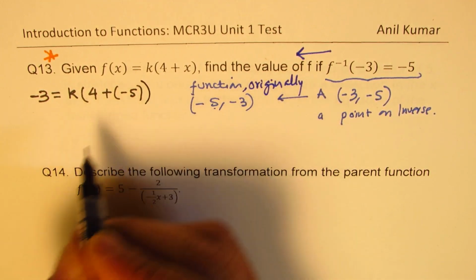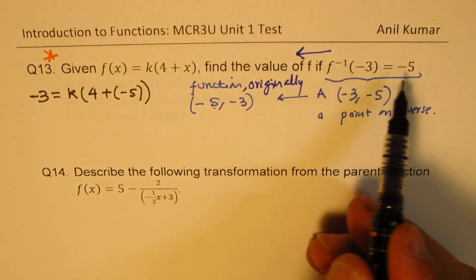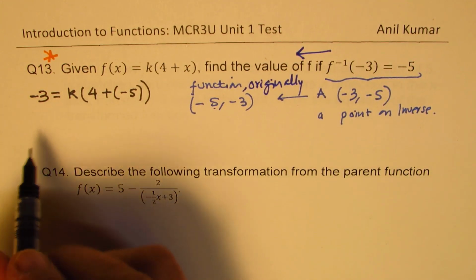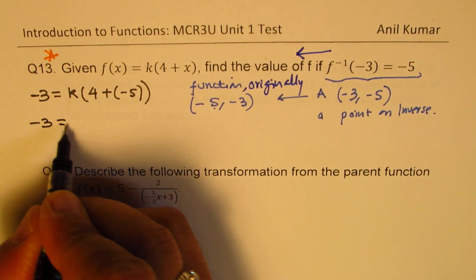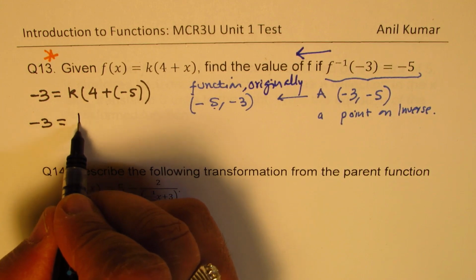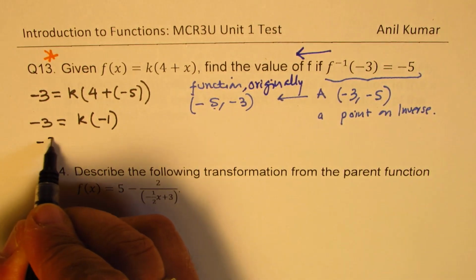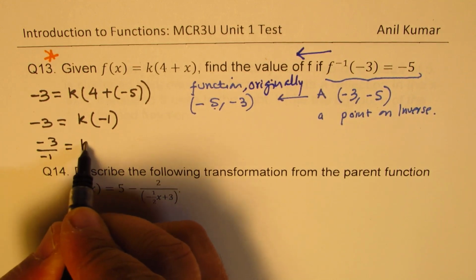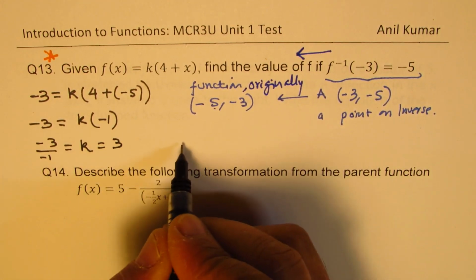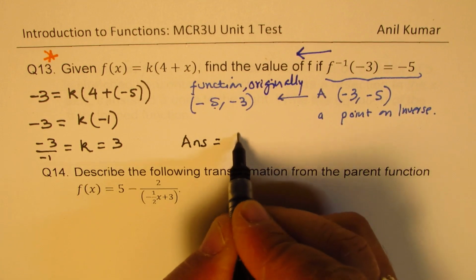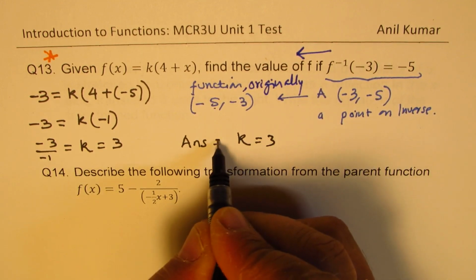Does it make sense to you? So simple. When you're given a point, just flip it. So we get minus 3 equals k times minus 1. So minus 3 divided by minus 1 is k, which is equal to 3. So our answer is k equals 3.